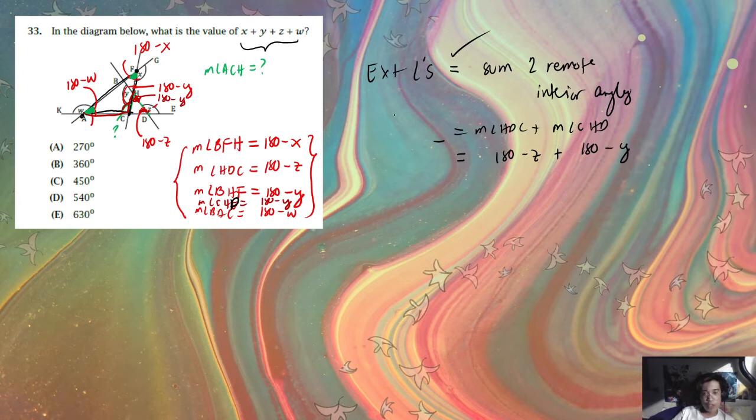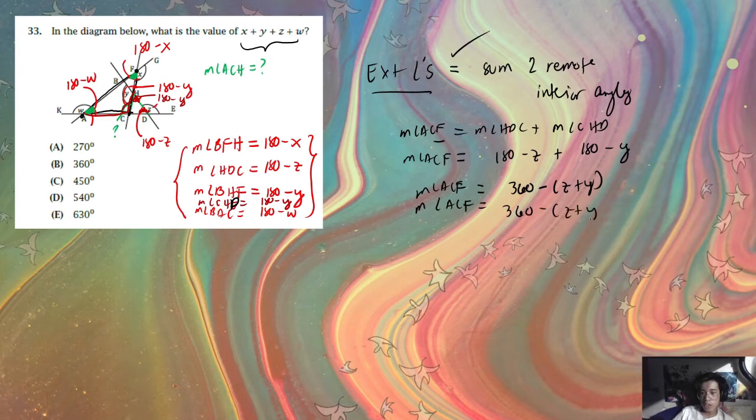So what's our exterior angle here? That's the measurement of angle ACF. The measurement of angle ACF is going to be equal to 360 minus quantity z plus y. And it's also going to be equal to the measurement of angle ACH.